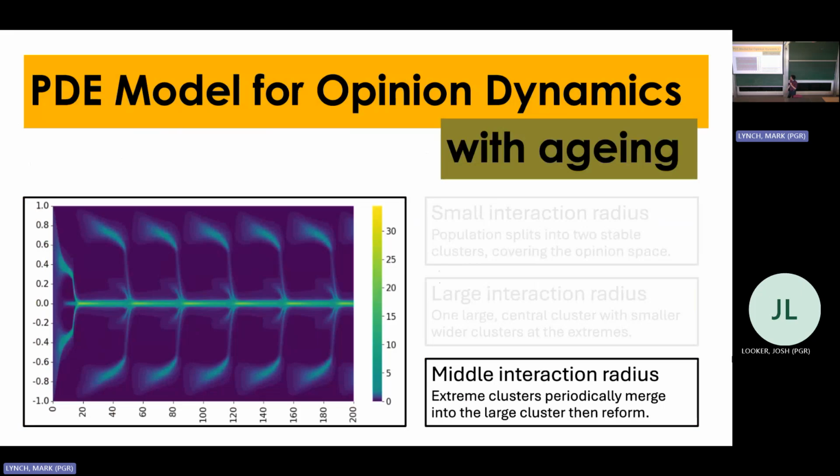But in this case, the interaction radius is just big enough that the extreme clusters end up merging into the middle. And then everyone is at consensus in the middle for a bit, but people join the population at the extremes again, and then everyone merges into a consensus. And this keeps going. And it appears to be periodic. I can't prove that it's periodic, but it definitely looks periodic.